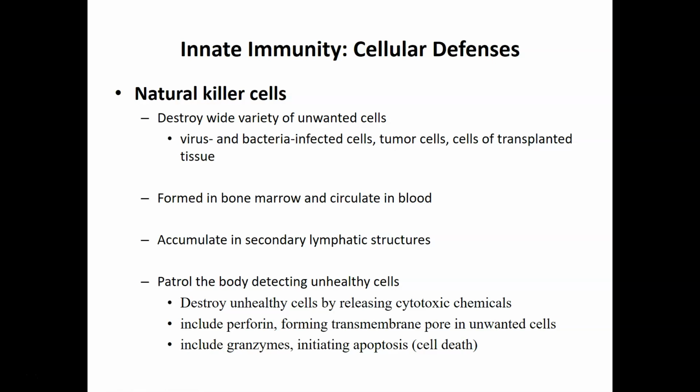These granzymes enter through the hole produced by perforin, and they start degrading the abnormal cell from the inside. Eventually, the cell shrivels up and dies, and that's called apoptosis. So natural killer cells patrol the body looking for abnormal cells. When they encounter them, they puncture them, causing lysis of the cell, and then they kill them by releasing enzymes that degrade them from the inside.